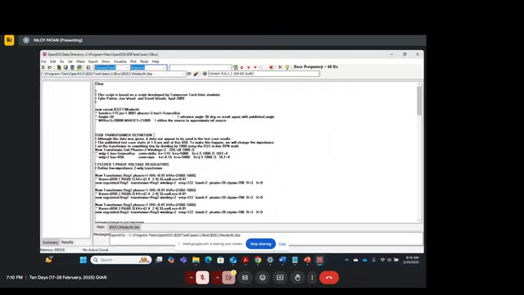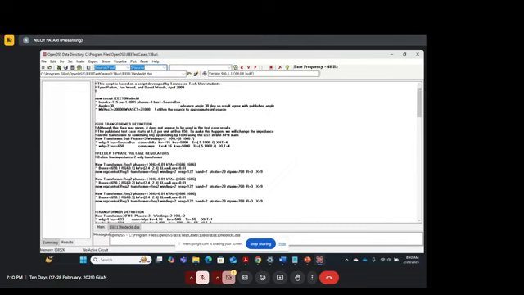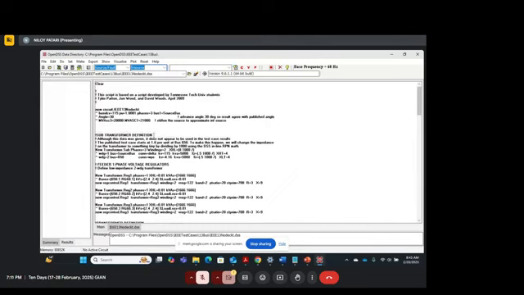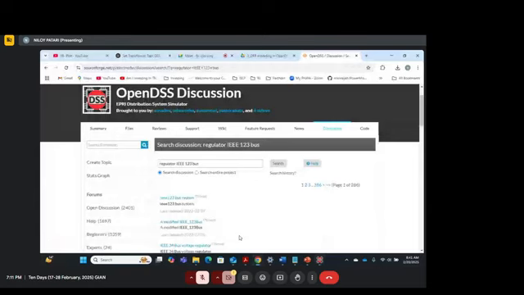Now I'll just go through the code for a bit and then try to explain what each of these things means. To understand this whole code, note that it has to match up with the basic IEEE 13 node system.